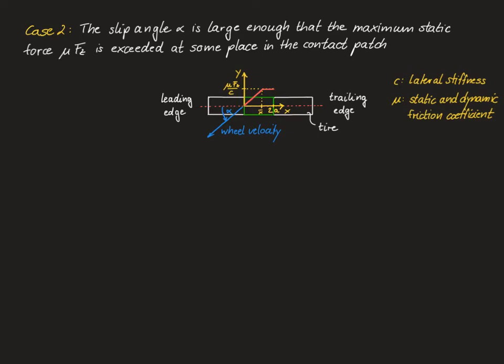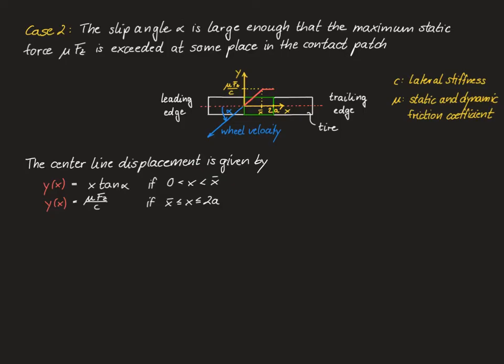mu. Hence, the displacement of the tire center line in this case is given by y of x equal to x times the tangent of alpha for all x between 0 and x bar, and y of x equal to mu Fz divided by c for all x between x bar and 2a.